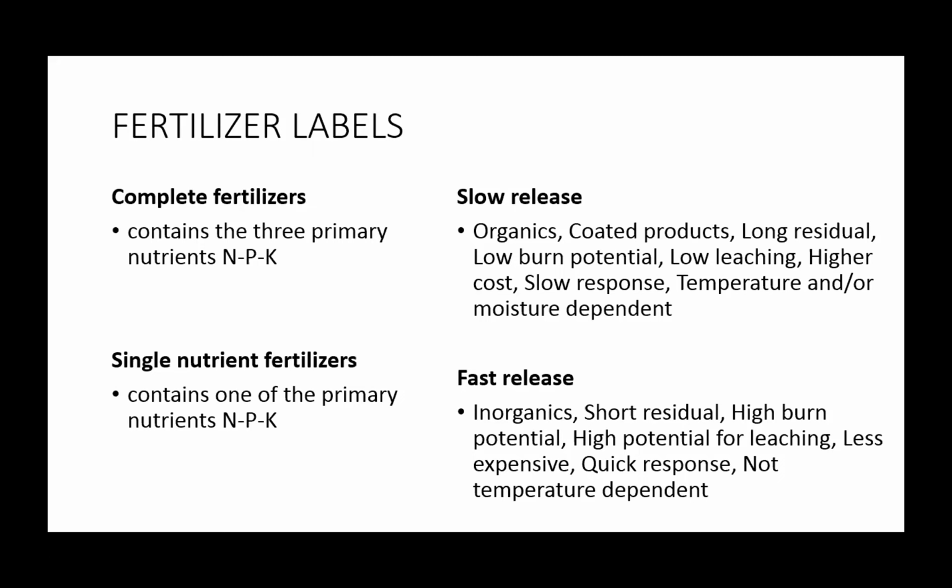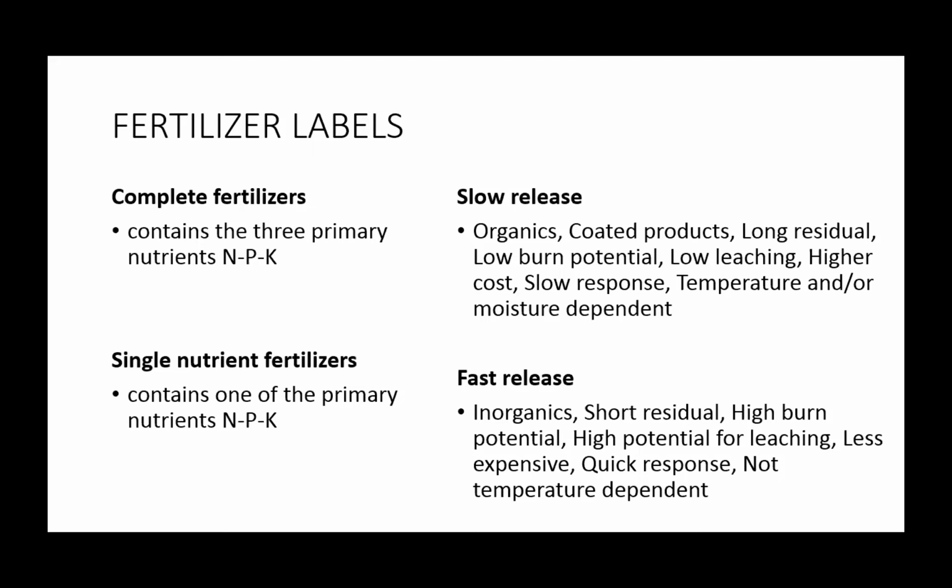And then you can get different types of fertilizers. So slow release, those tend to be more organic fertilizers. They are coated. They're less likely to burn seeds, with less leaching, and they'll release slower in your soil. But they tend to respond to differences in moisture, so you might have to keep a consistent moisture content in your soil. The fast release ones tend to be more inorganic.